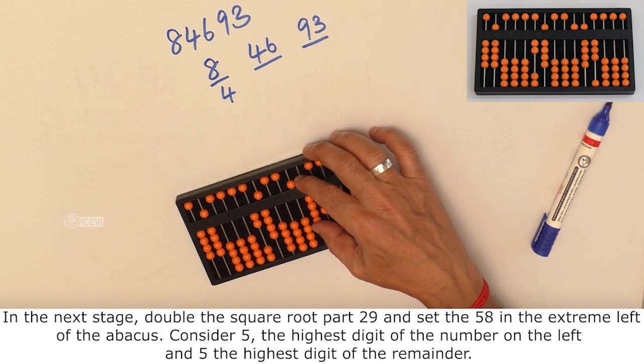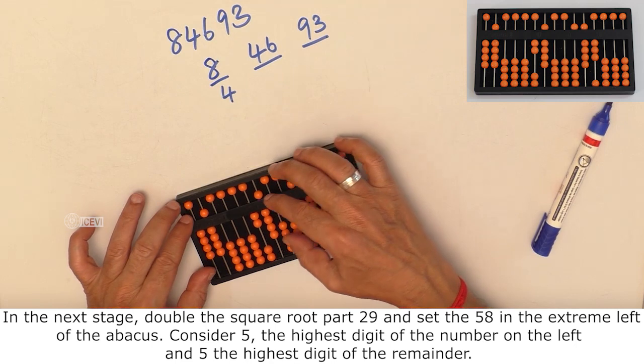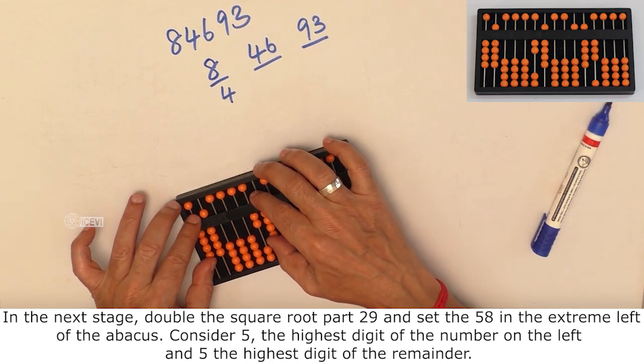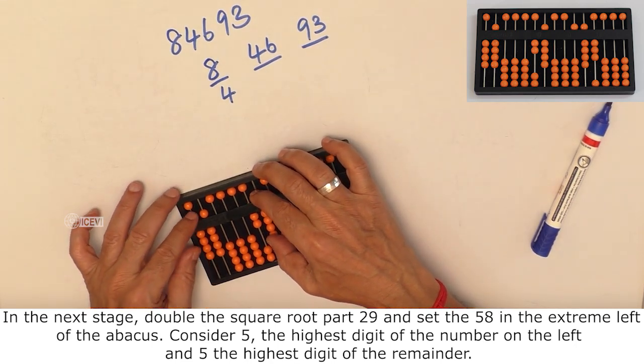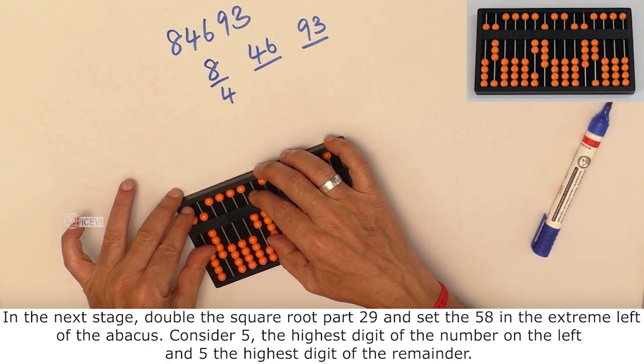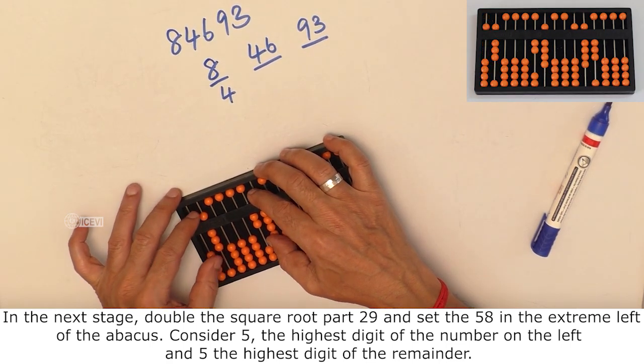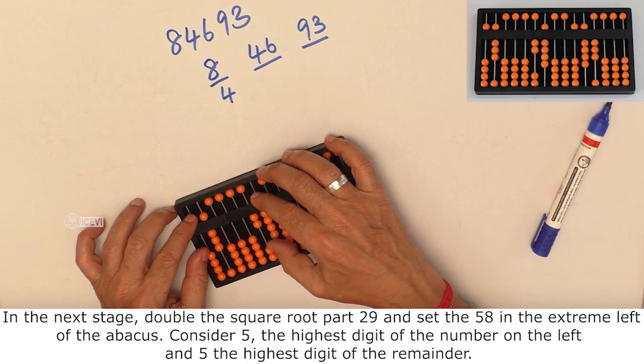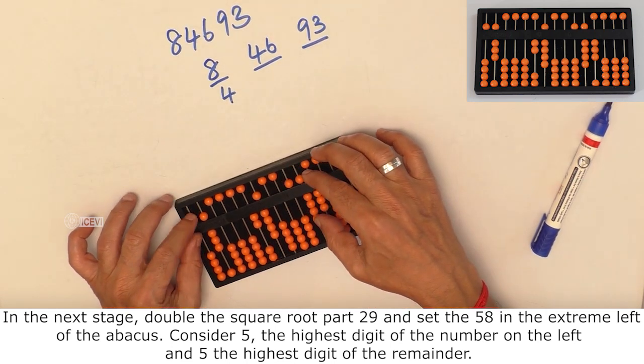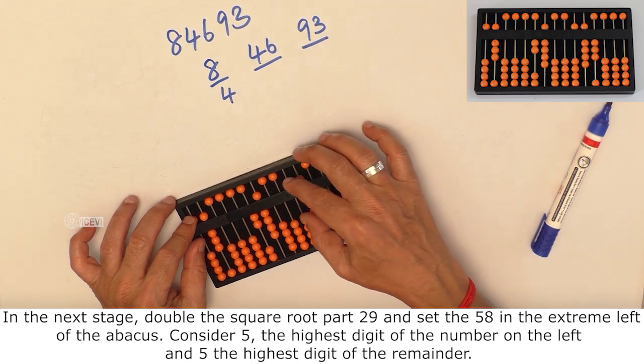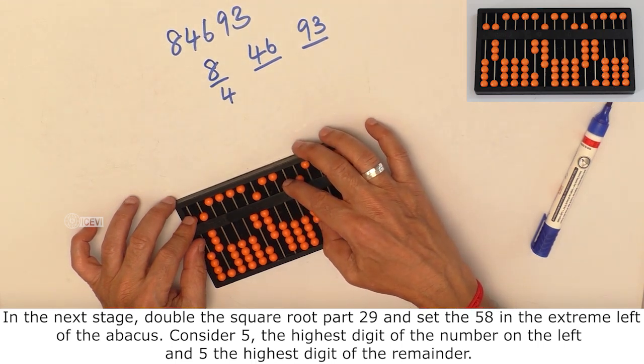In the next stage, double the square root part, that is 29, and set the 58 in the left extreme of the abacus. Consider 5 the highest digit of the number on the left side, and 5 the highest digit of the remainder.